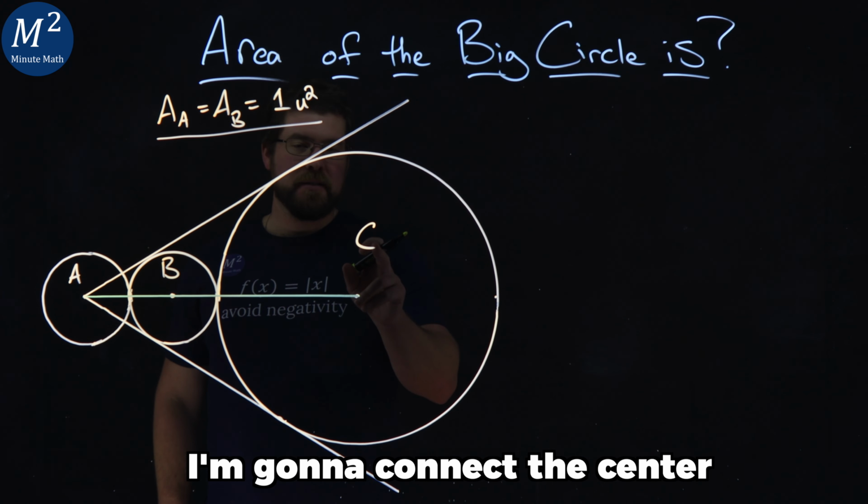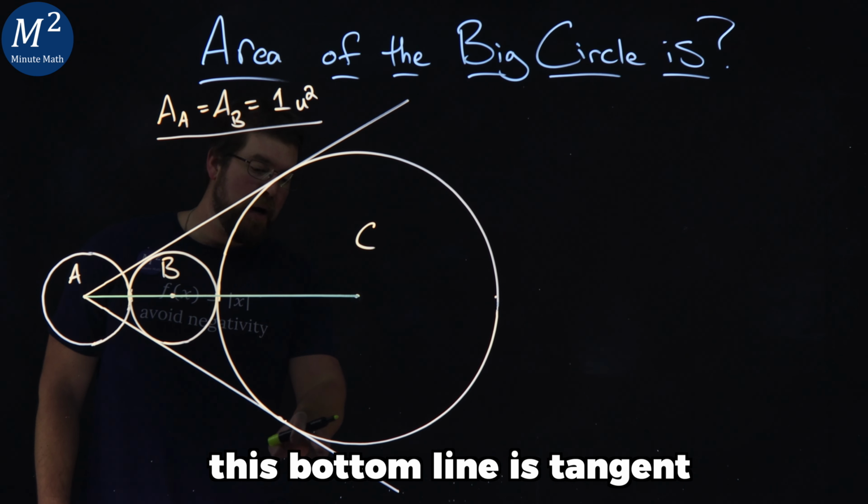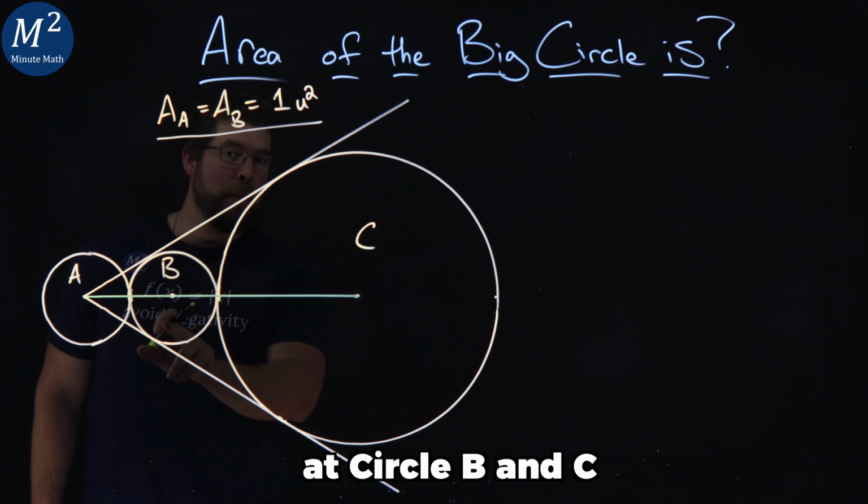I'm gonna connect the center of C and the center of B to this bottom line that's tangent at circle B and C at a 90-degree angle. So at the point of tangency, it actually creates, as you can see here, a 90-degree angle right on, and this one too. So we have a 90-degree angle there.